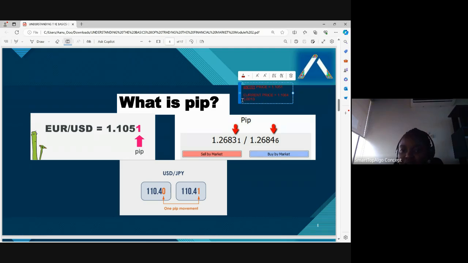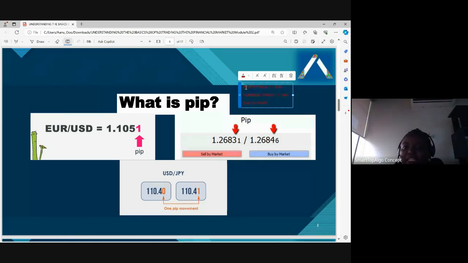The difference is this. And what this means is we have 13 pips. So this is telling us that price has moved from this point to this point by 13 pips. Now, this is how you know price movements.